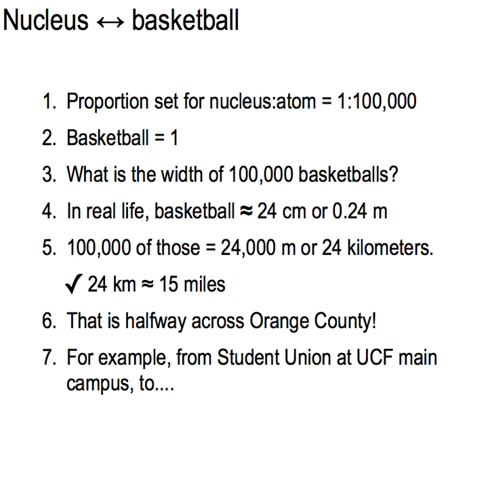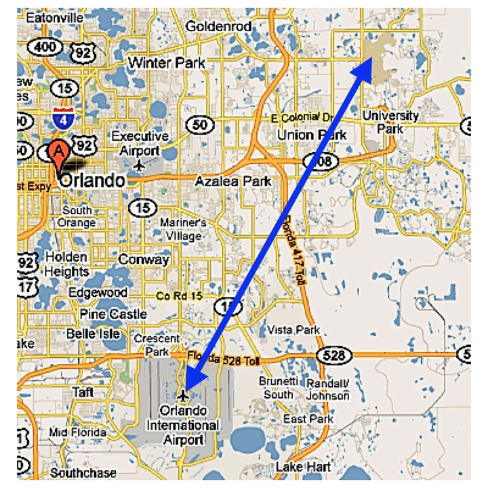Let's start at the Student Union at UCF main campus, and we'll just ask ourselves, halfway across Orange County, what's 24 kilometers away? What's 15 miles away from the Student Union, as the crow flies? Well, how about the airport, Orlando International?